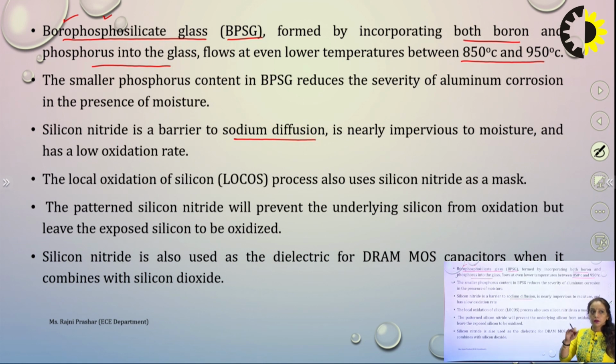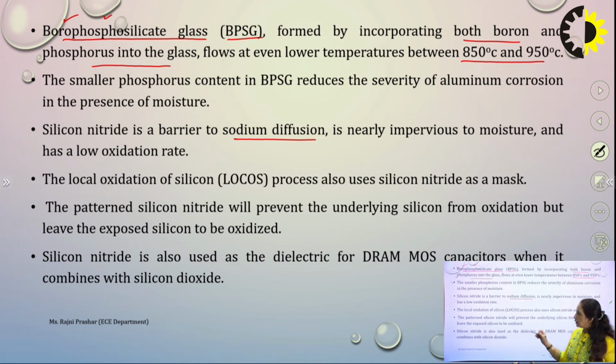So if you use silicon nitride as a barrier, you can easily control the oxidation process, so that unnecessary oxidation is not carried out at any fabrication step, because we know that in any furnace oxygen will be there. So to protect the device from those oxygen particles, we have to use the silicon nitride layer.